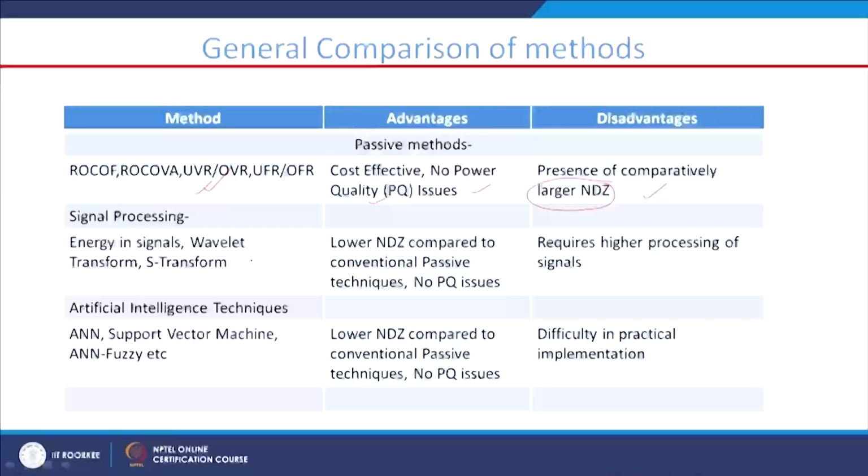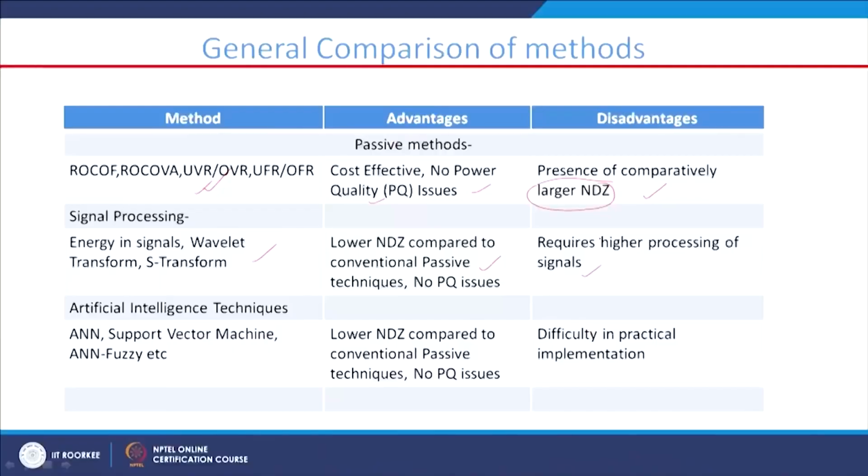Now, in the review literature we also see signal processing techniques like energy in signals, wavelet transform, S transform, which have lower NDZ compared to conventional passive techniques and no power quality issues, but at the same time they require higher processing of the signals. Very robust and very compact techniques, which are physically implementable in the real field, are desirable, and there we need higher processing of the signals.